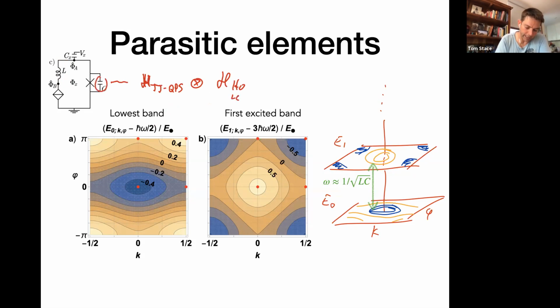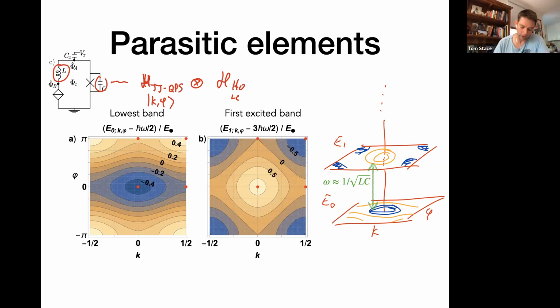So the L and the C form a harmonic oscillator. And so it turns out that one can partially diagonalize the Hamiltonian for this circuit. And by partially, I mean that K and phi turn out still to be exact quantum numbers, but the component associated with the excitations of the LC circuit are now anharmonic and not exactly diagonalizable.